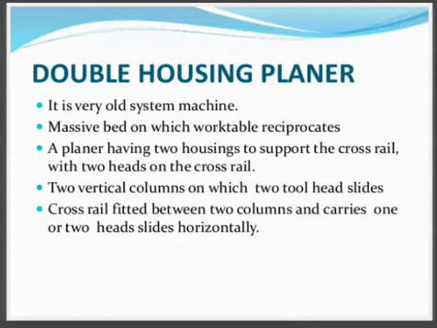On the two vertical columns, the two tool heads move up and down. The cross rail is fitted between the two columns and carries one or two heads that slide horizontally.